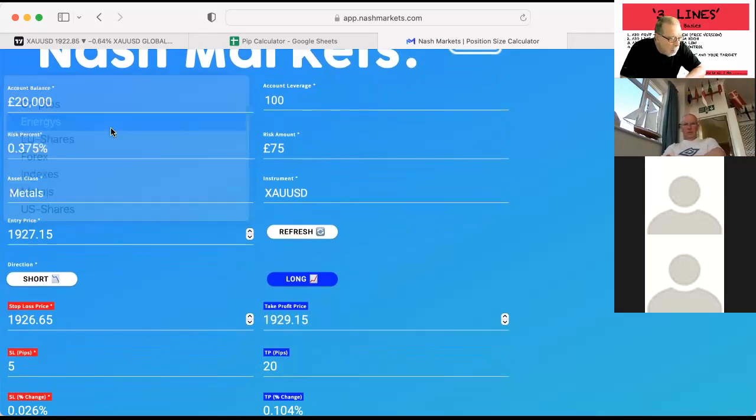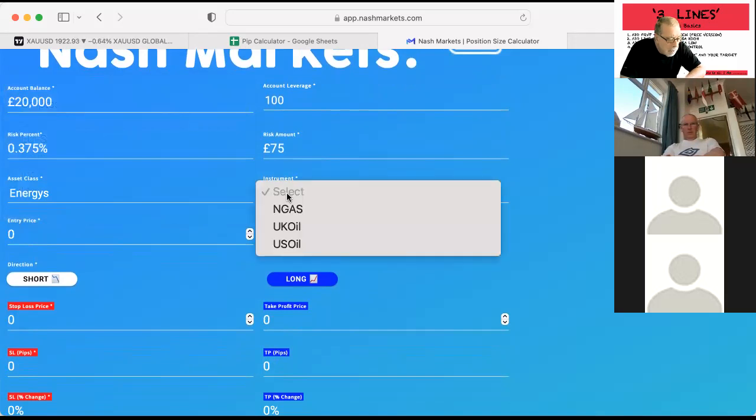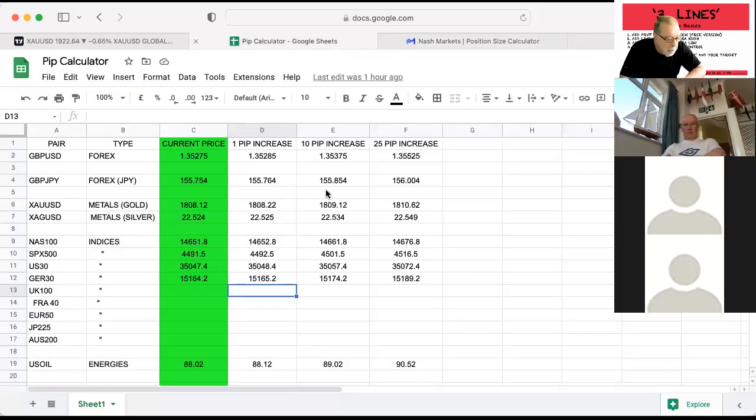So if you want US oil, for instance, you can select US oil, UK oil, and natural gas, and it'll calculate your lot size based on what risk you want to take. I think it's quite a powerful tool. It's certainly something I'm using, and I'm going to incorporate the information from this in this pip calculator. So you've got a handy small spreadsheet, and when you're getting in a trade, you're reasonably sure of exactly what your risk is for each of these indices. So that was just by the by.